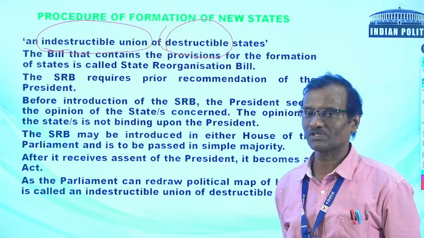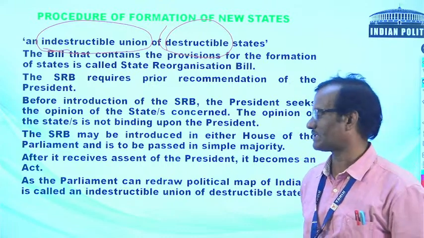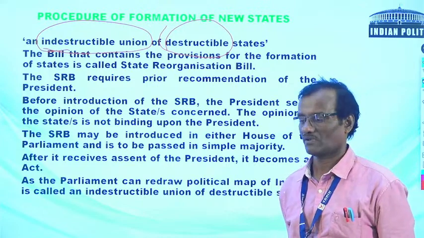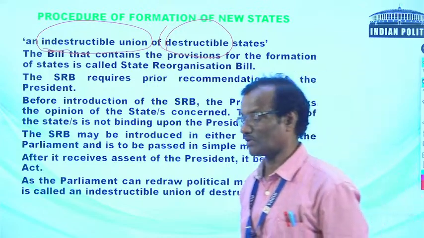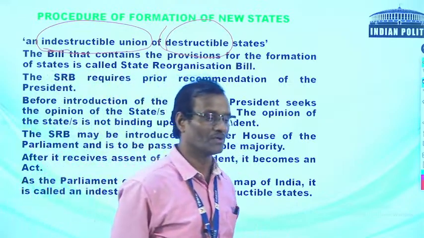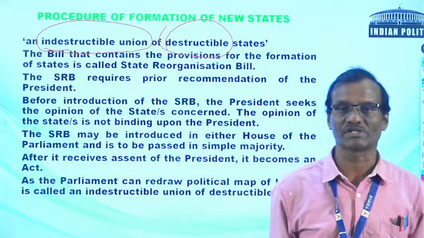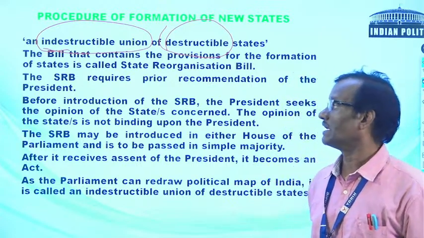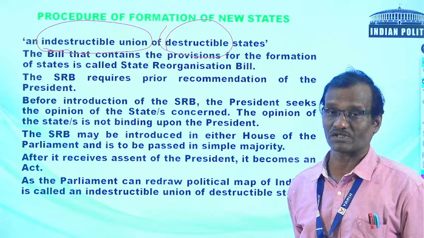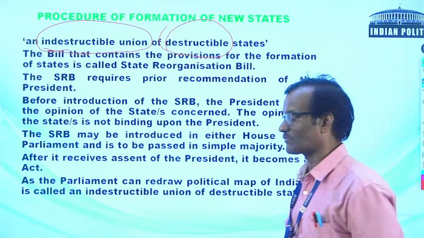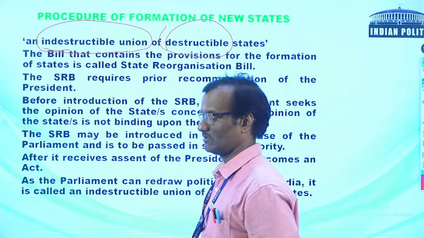So through the procedure, we can conclude that Parliament is the sole authority to redraw the political map of India. No other authority interferes in that. Therefore, sometimes you get a question in your OPSC or civil service mains examination: India is an example of indestructible union with destructible states. In that answer, you have to mention these points.